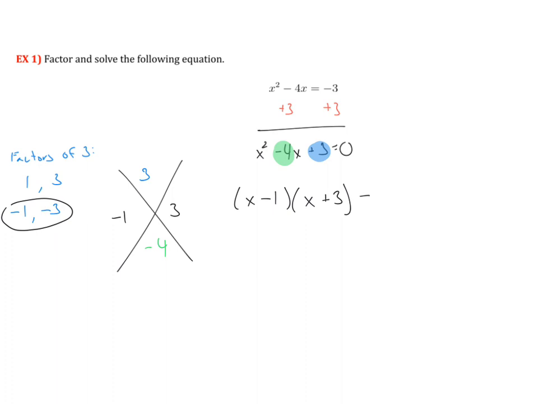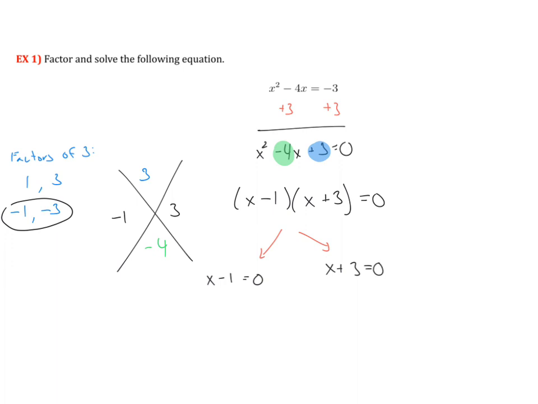All right, but now we have technically two numbers that multiply and we get 0, which means that one of these expressions has to be equal to 0. So the next step here, what we're going to do is set each of these factors equal to 0.